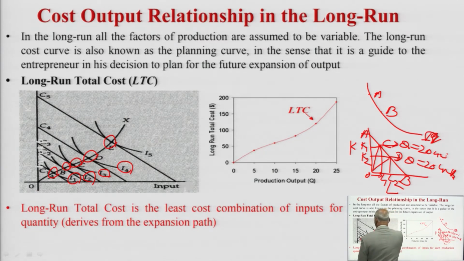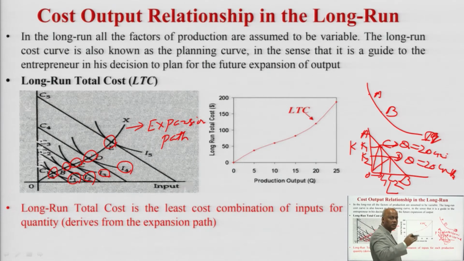So, if the producer wants to expand its production, then they have to choose this path. This is called the expansion path.